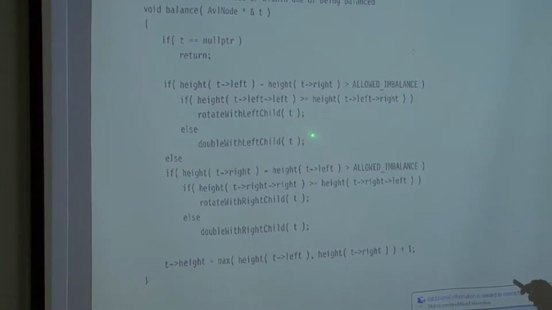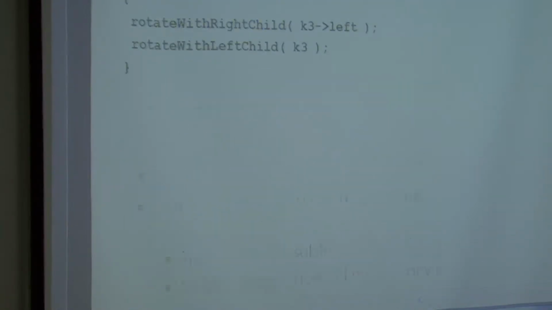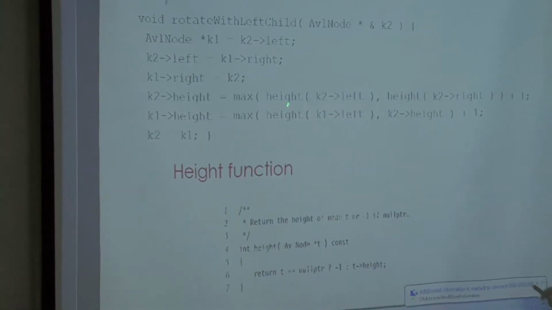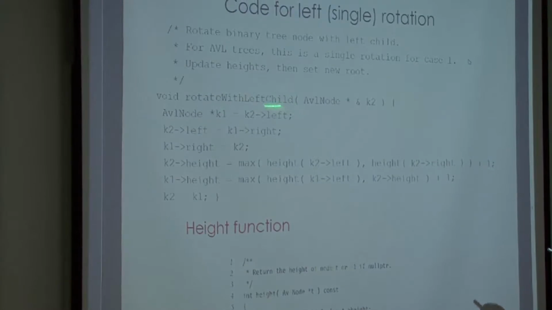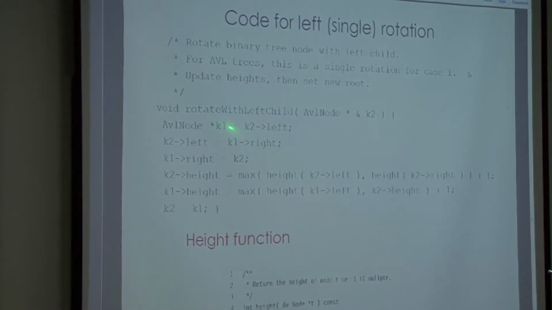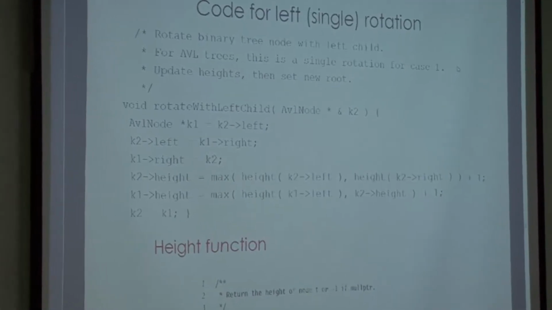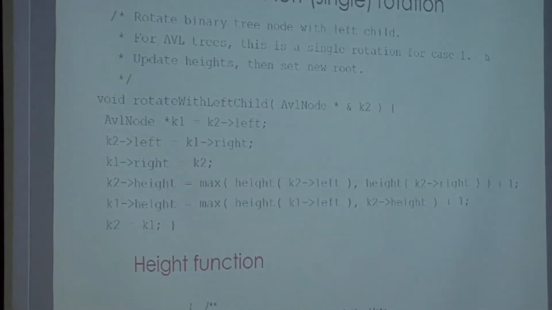This is a single rotation case, and we saw that the total number of instructions there is something like 5 or 6. If you're not sure about that, let's actually go and inspect the code. So there it is, right? This is the code for single left rotation, and this involves 1, 2, 3, 4, 5, and 6 instructions. So it's a constant, okay?